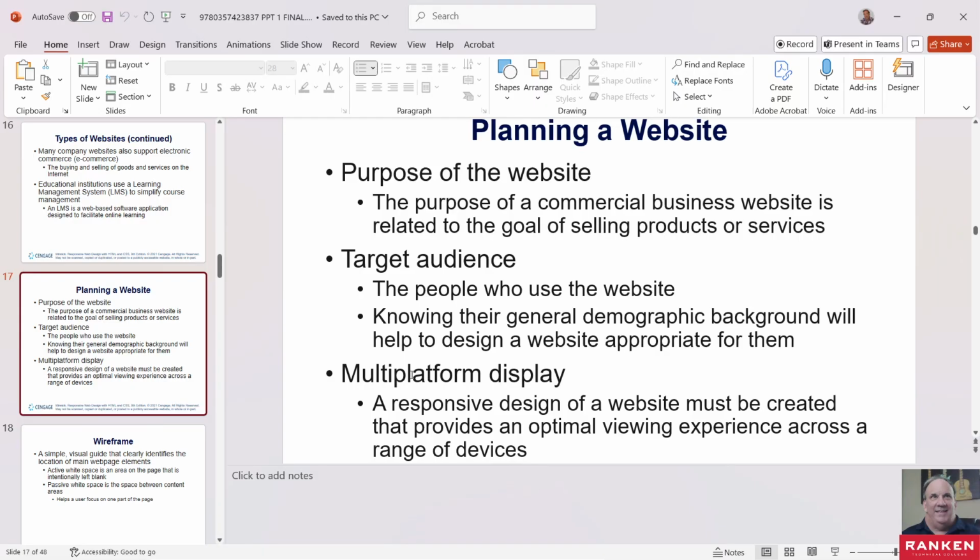And also multi-platform display. Nowadays you really should be building your website for multiple types of clients, right? When we're talking about client, we're talking about a phone or a smartphone, a laptop, a computer, a tablet, right?